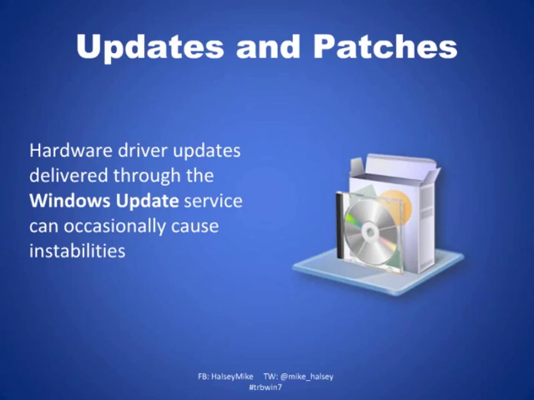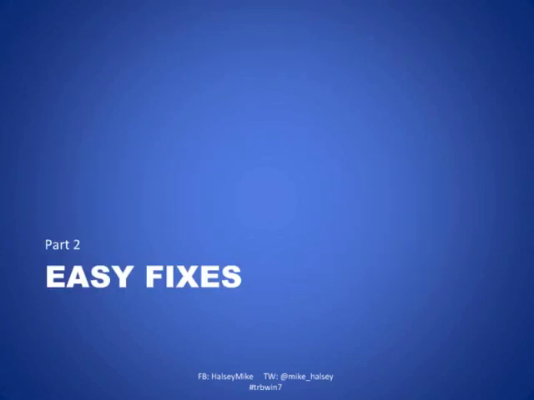So if you're encountering a problem with networking or with any other piece of hardware, just go back into Windows Update and see if Windows Update downloaded a new driver recently that you may be able to roll back and remove. So let's have a look at some of the easy fixes, and this rolling back the drivers we'll look at as well.